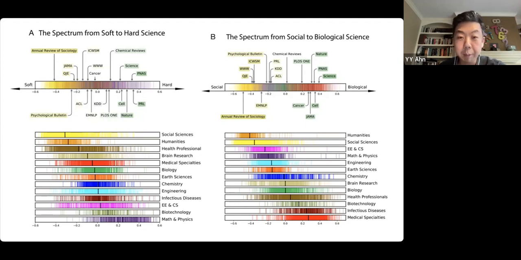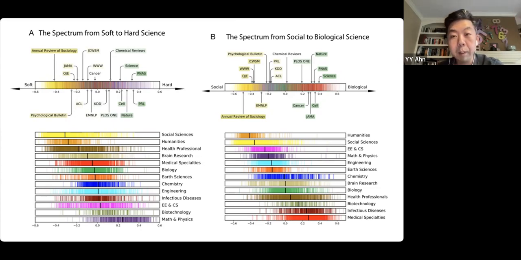I was very happy to sneak in that citation to the XKCD comic into the paper. But an interesting thing is, if you pick different poles, like social and biological, it rearranges in a totally different way. For instance, EE and CS were very close to mathematics and physics on the soft-hard science axis.